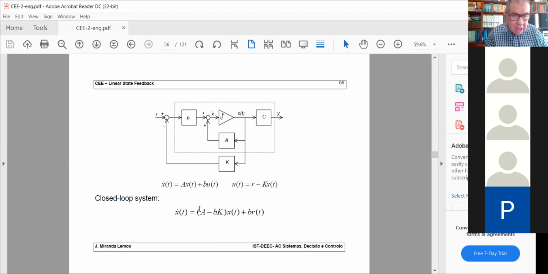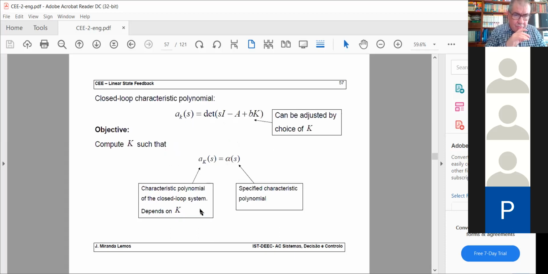So what are we going to do? We find this closed loop matrix and we write its corresponding characteristic polynomial. I call it AK to remember that it depends on the vector of feedback gains. It's the determinant of sI minus A minus BK, so minus A plus BK.